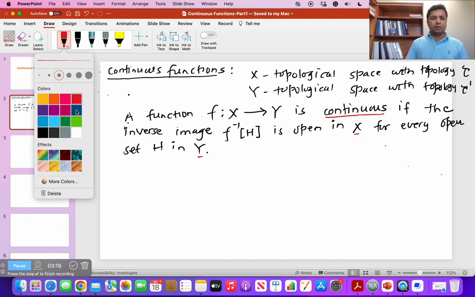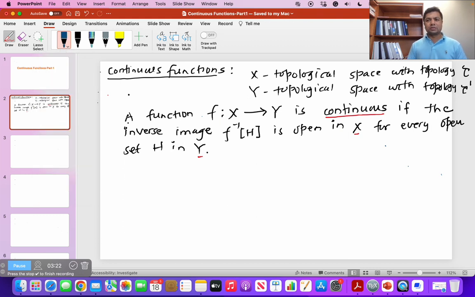Okay, now let me remind you what is an open set H in Y and what is the open set f inverse H in X. I'm recalling the definition of open set in topological spaces.